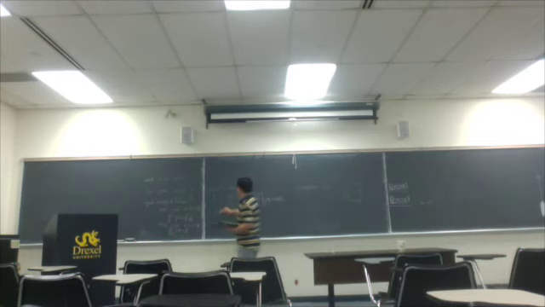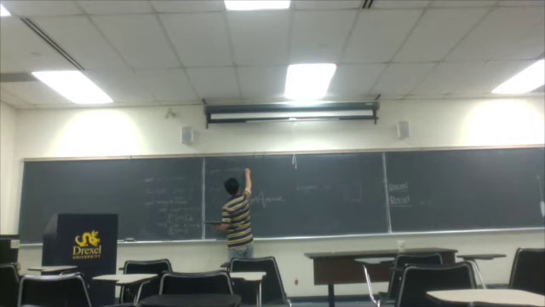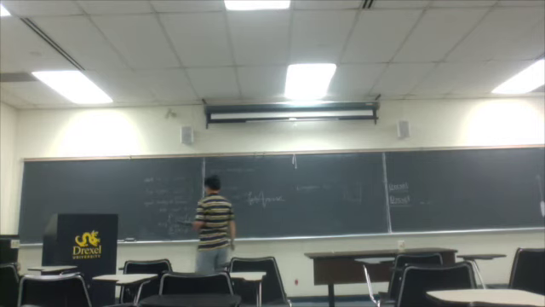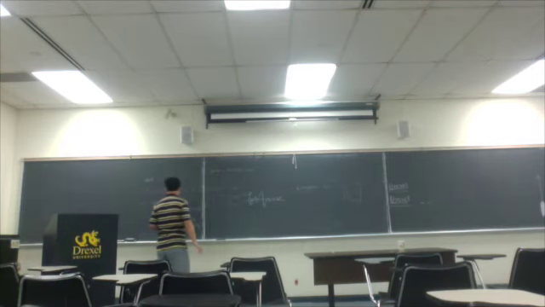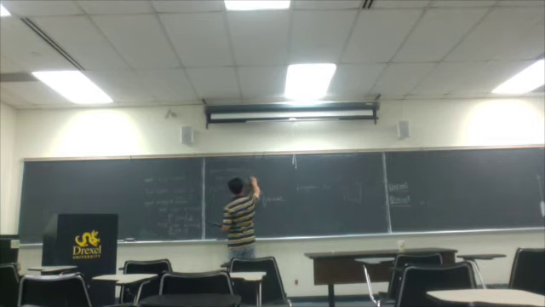Following this definition, we can define the power of x(t) over t1 to t2 as one over t2 minus t1 times the integral from t1 to t2 of x(t) squared dt.